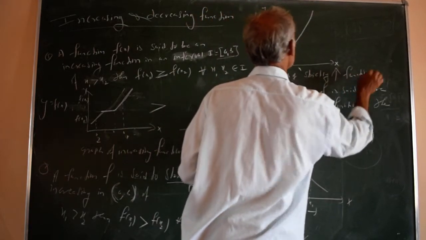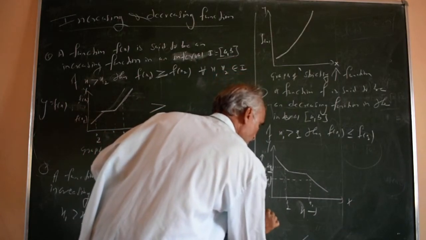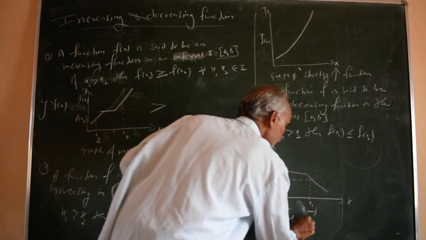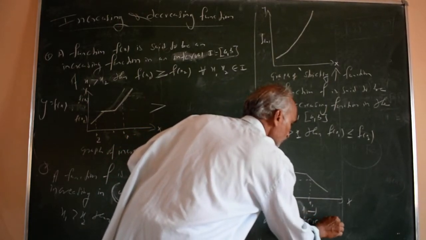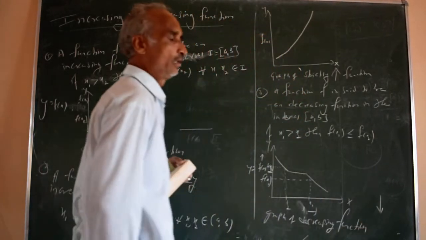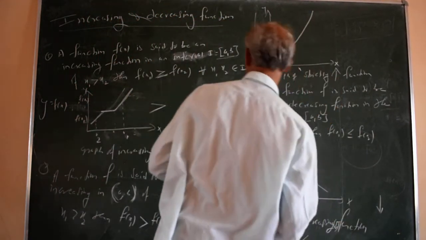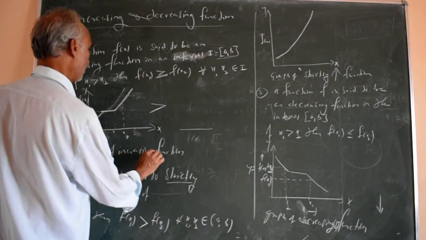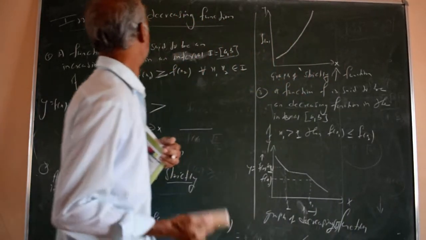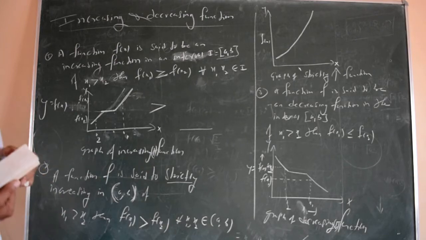The graph of a strictly increasing function is the graph of an increasing function. Decreasing is equal to the downward arrow mark, hence onwards. Increasing means upward arrow.